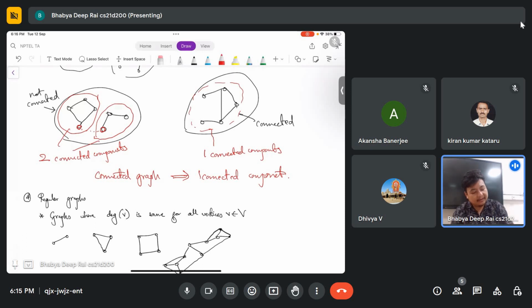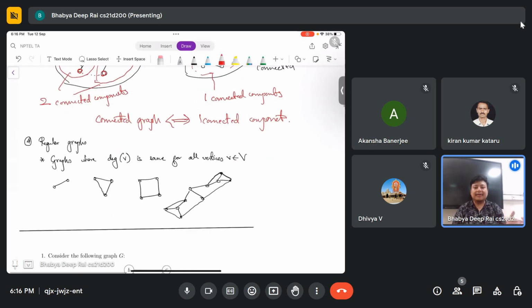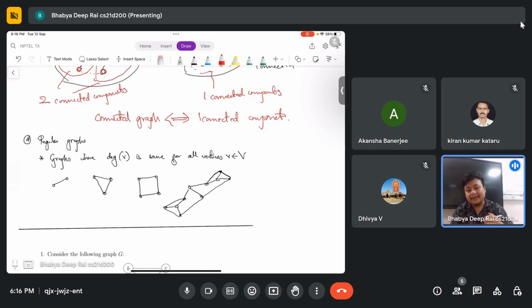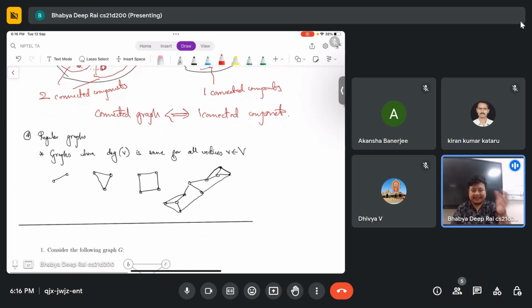And this is vice versa. If there is only one connected component, then the graph is connected. So a tree necessarily needs to be connected. It is not enough to say that the graph does not contain cycles and the graph is disconnected. It needs to be connected to be a tree.